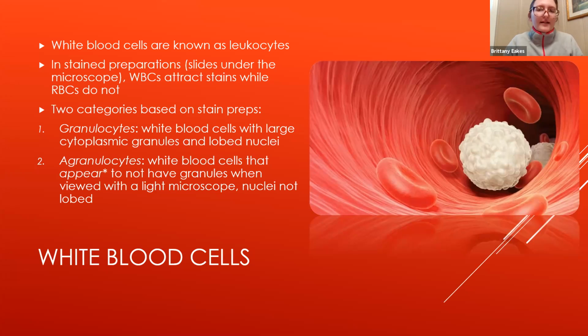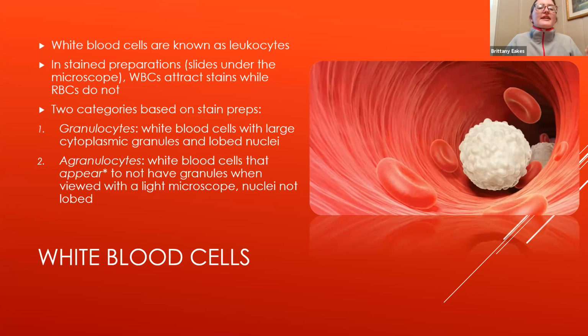Now we have white blood cells. So white blood cells are known as leukocytes. If I said leukemia, that already denotes a disease or disorder concerning leukocytes, your white blood cells.